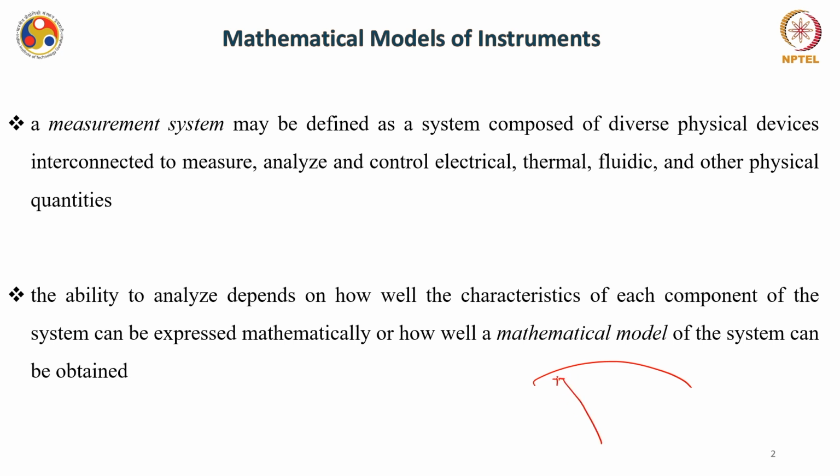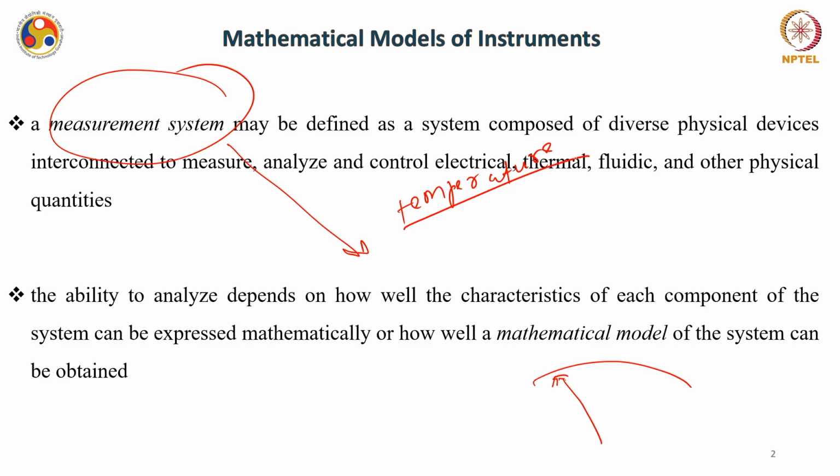Forget about PMMC, let us talk about a measurement system in general, for example one used to measure the temperature of this room. This system will have a mechanical part.